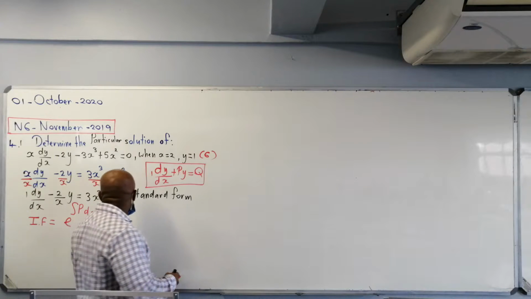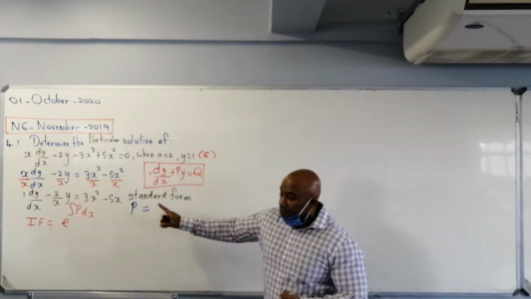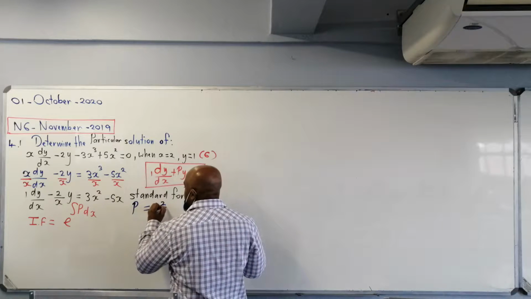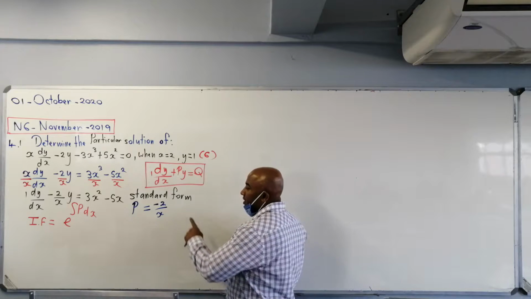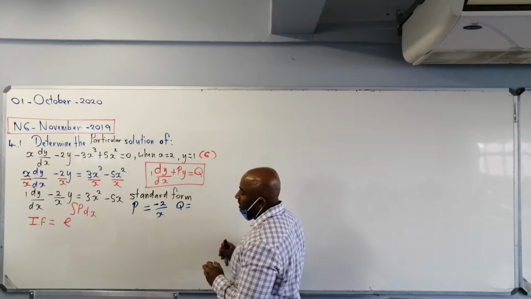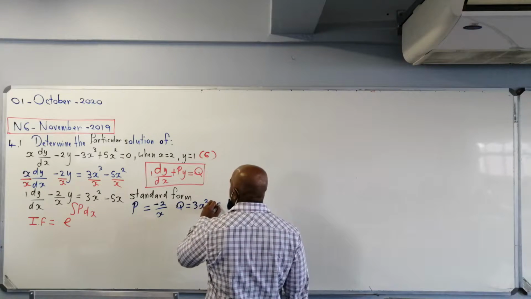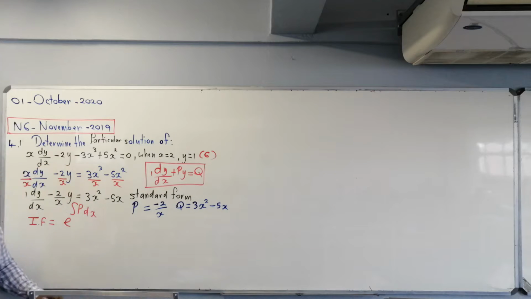So let's write down our p and q. P there is minus 2 over x because it is plus p times y, and q is the right hand side. So my q there is 3x squared minus 5x. So that's my p and q. Let's do the substitution.